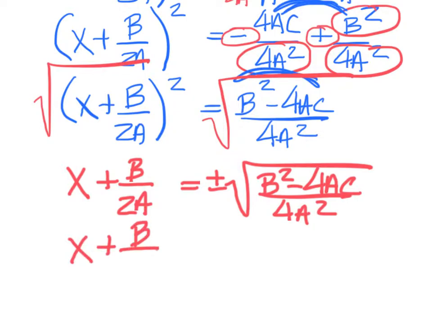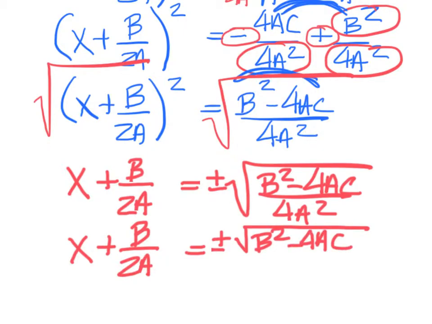Keep the left the same. And then on the right-hand side, we can have plus or minus the square root of b squared minus 4ac on the top, but on the bottom, we can just be left with the square root of 4, which is 2. And what's the square root of a squared? It's just a.